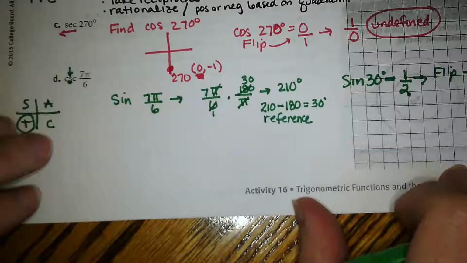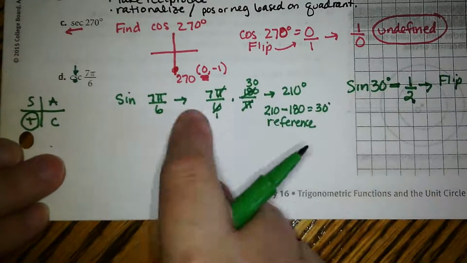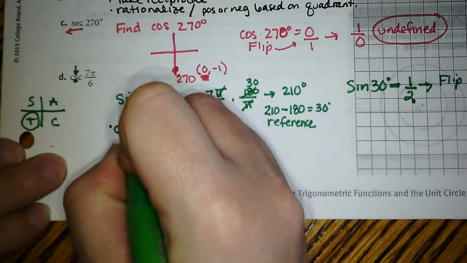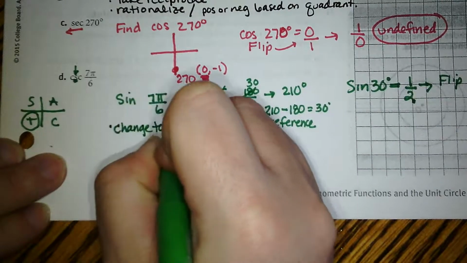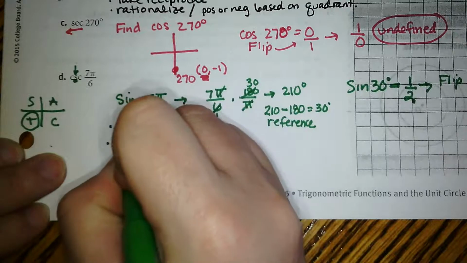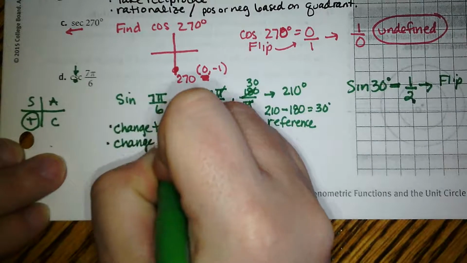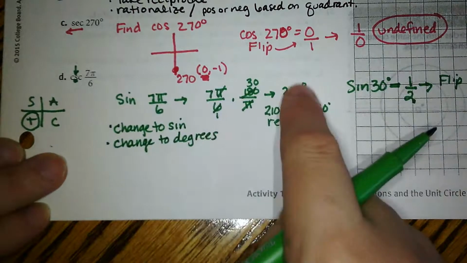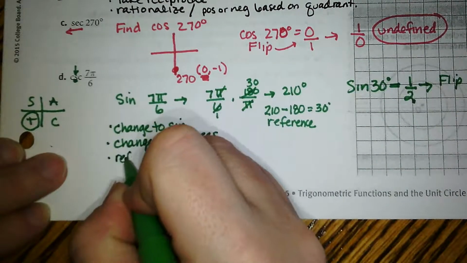Let's write some directions down. The first thing we did was we changed it to sine. Then we changed it to degrees. After you changed it to degrees, then you had to find your reference angle.